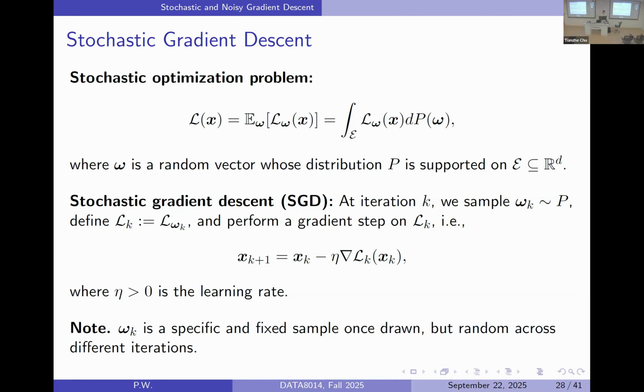It shares the same spirit as gradient descent. Note that once you sample, omega_k is a specific and fixed sample. But we say stochastic because omega_k is random across different iterations.